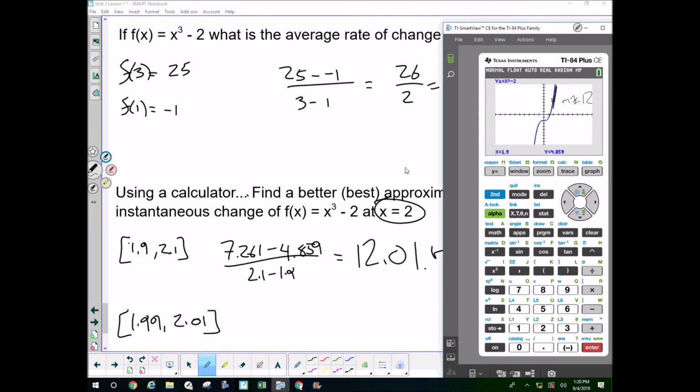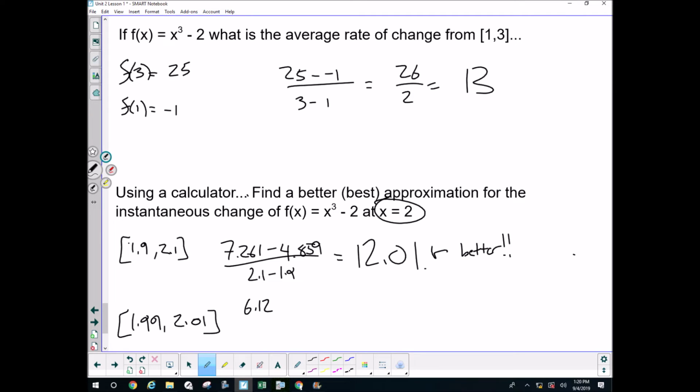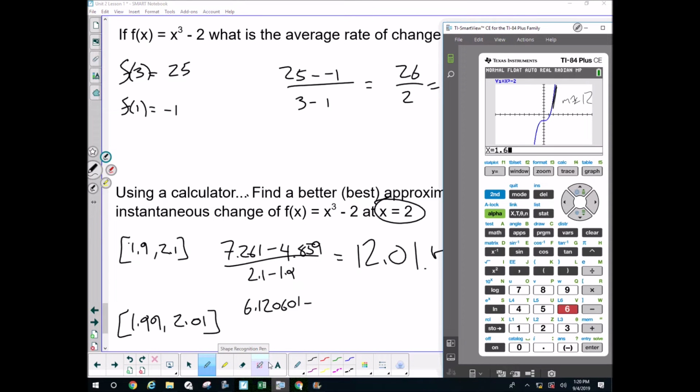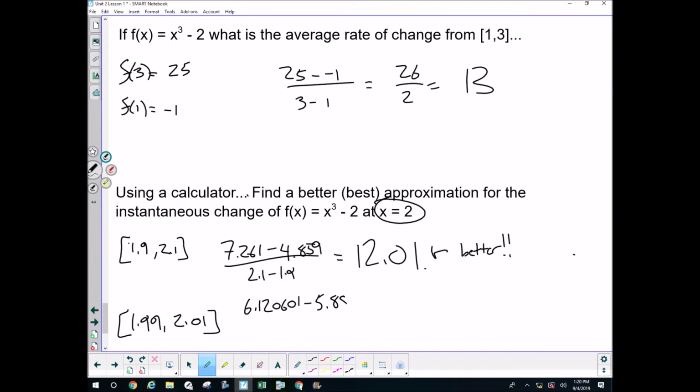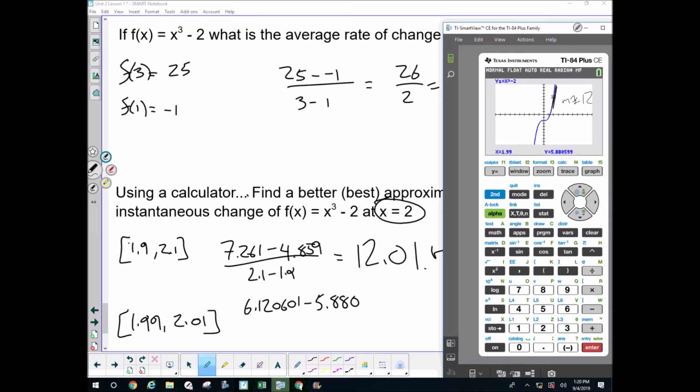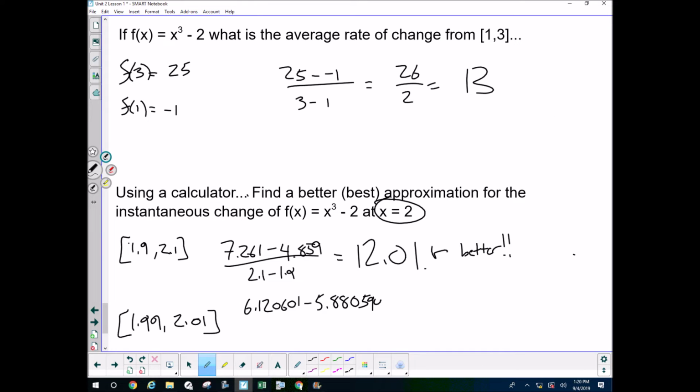Here we go. Let's write down these numbers. 2.01, I got 6.120601. We're going to have to write down that entire number because I want exact values. 6.120601. 1.99, 5.880599, divided by 2.01 minus 1.99.